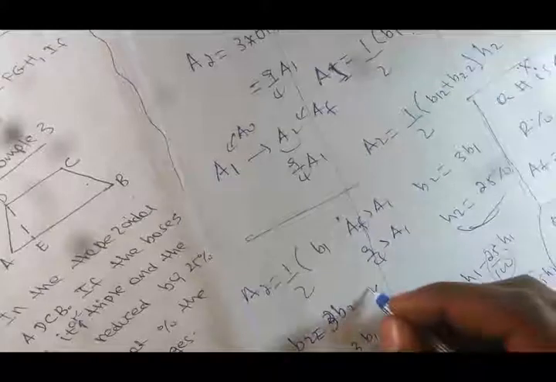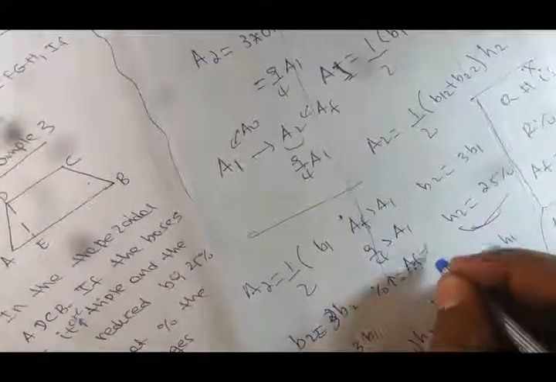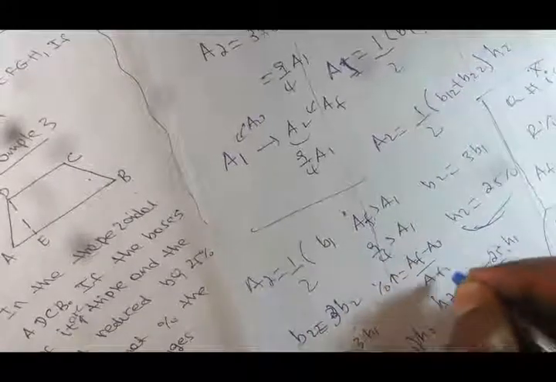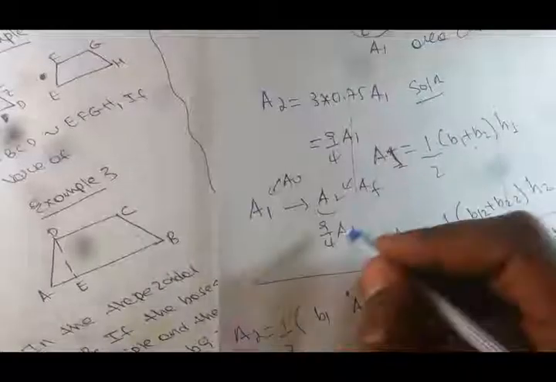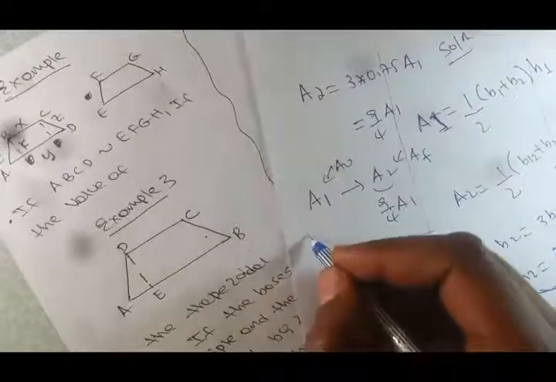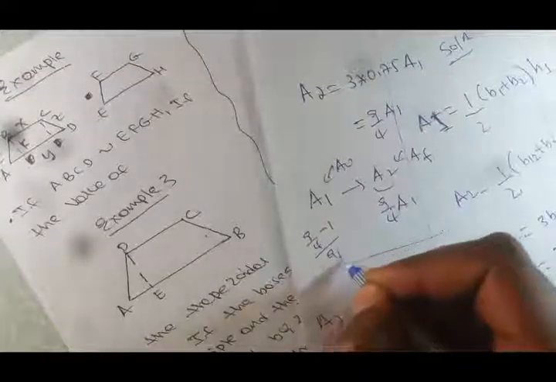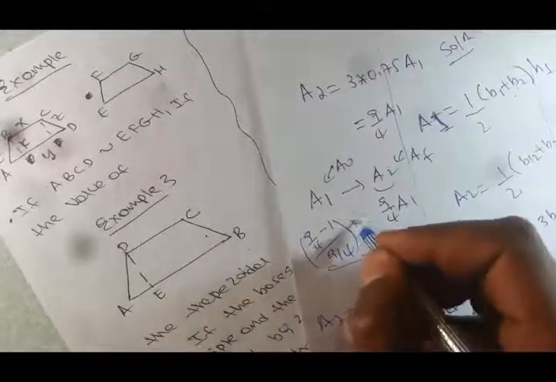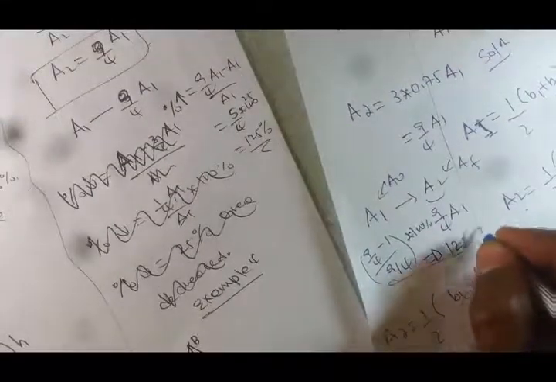So there will be a percent increase. This percent increase has a formula of A final minus A0 over A0 times 100%. Our final value is 9 over 4. Therefore, (9 over 4 minus 1) over 1 times 100%. This is equivalent to 125%.